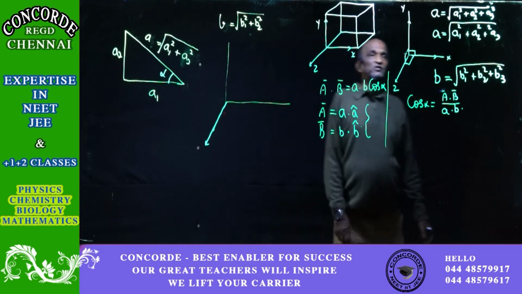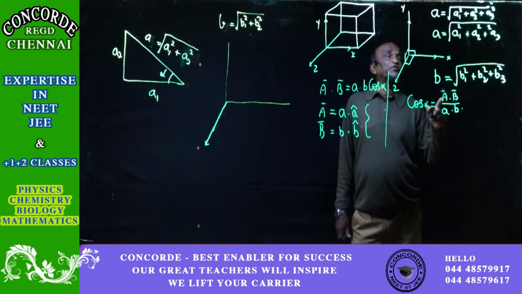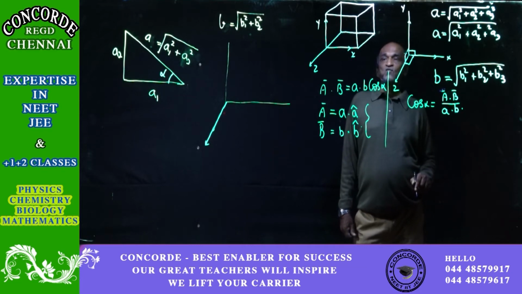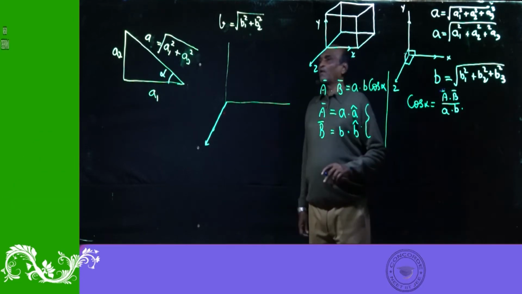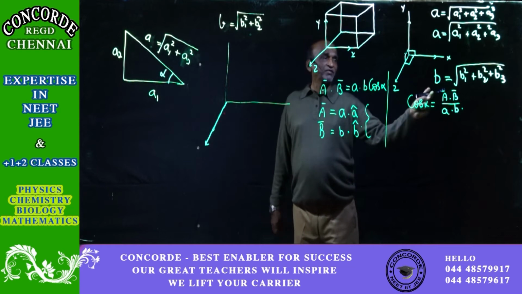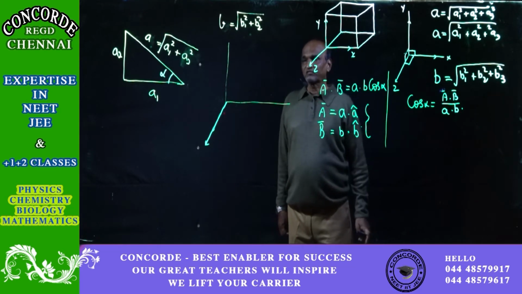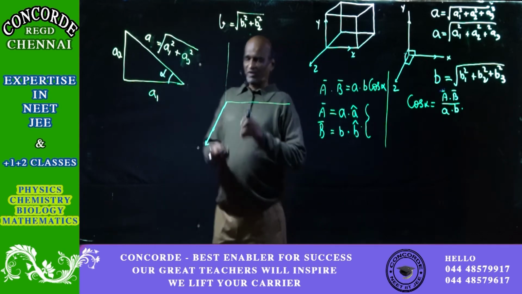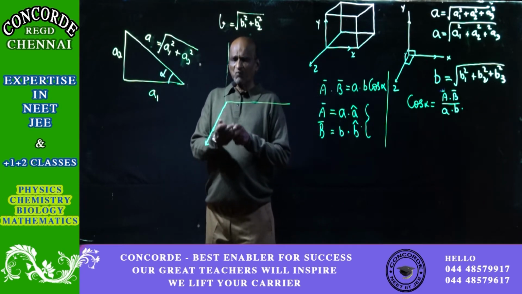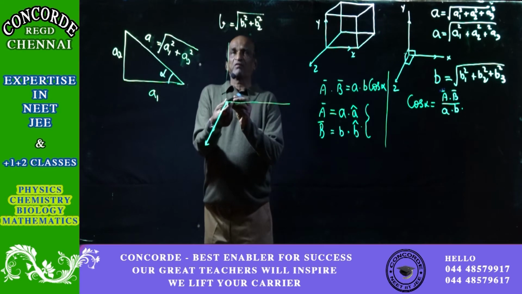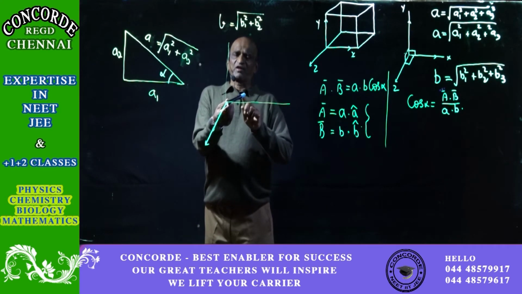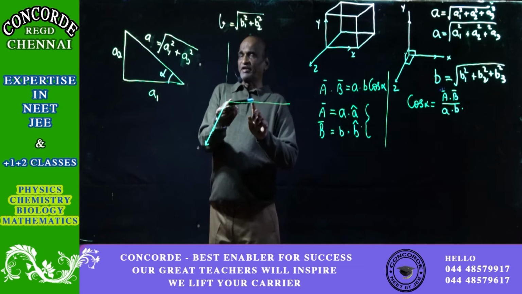So for that, the value of A bar, what we have seen was, please note, A bar means it has got magnitude and also the direction. So for this A bar, in the x direction, it had a magnitude equal to A1.